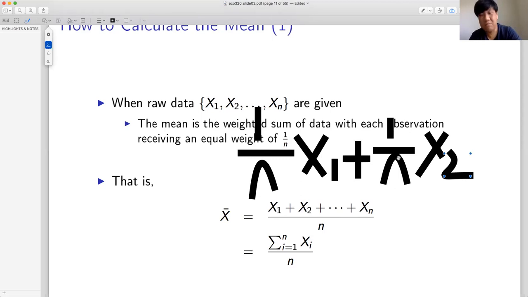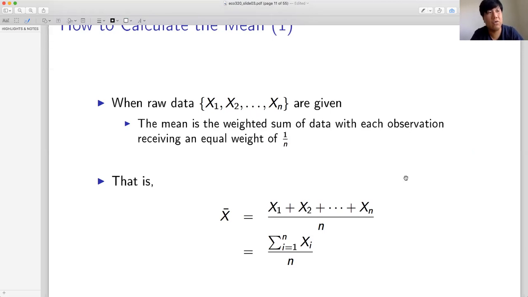It is exactly equivalent, but in more advanced terms, this is an equal weighting.